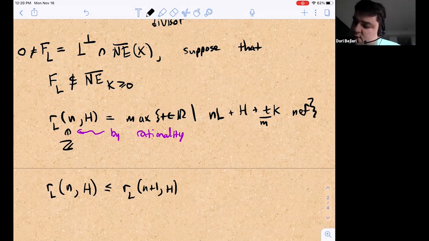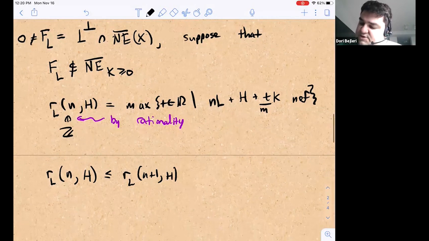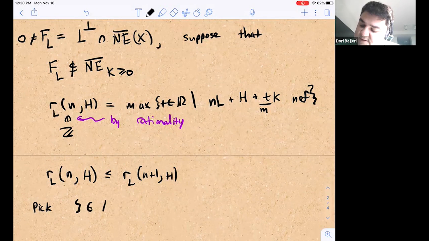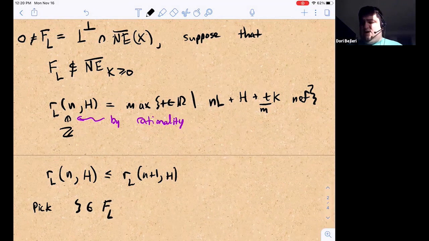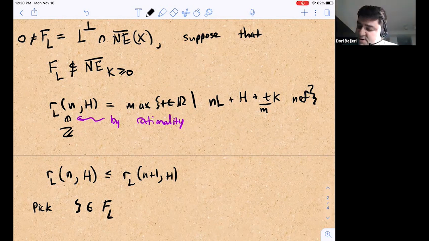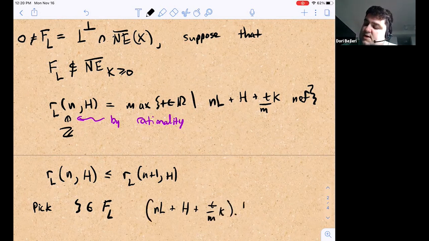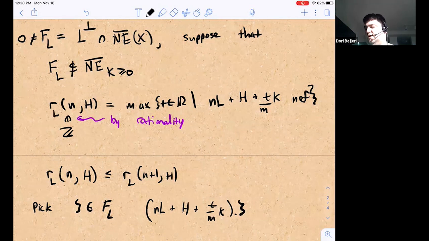But on the other hand, if we just pick some class in this face corresponding to L, so that's some pseudo-effective class where L is 0. So if we look at N L plus H plus t over M K times this psi, this intersection is independent of n because L dot psi is 0.